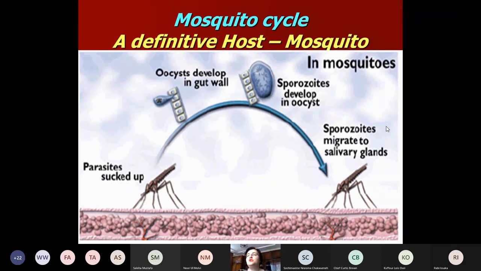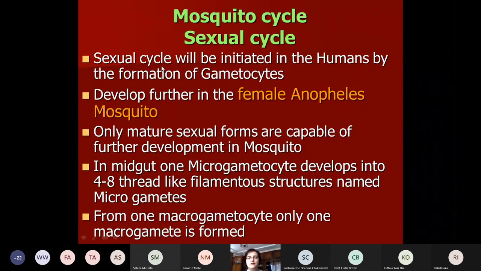And the mosquito cycle. Don't forget that in the mosquito a new offspring of plasmodiums will appear. Here the parasites are sucked up, and the sexual cycle initiated in humans by the formation of gametocytes develops further in the female Anopheles mosquito. Only mature sexual forms are capable of further development in the mosquito.